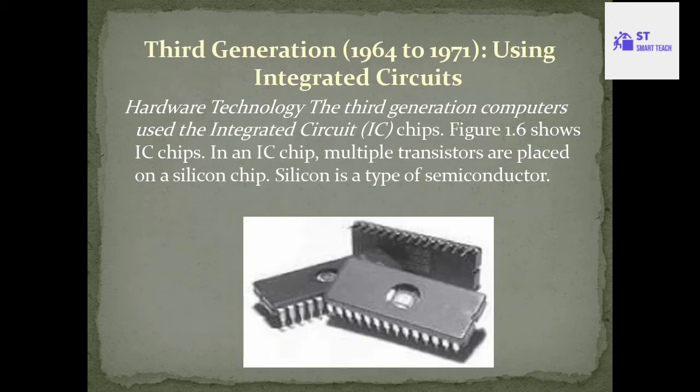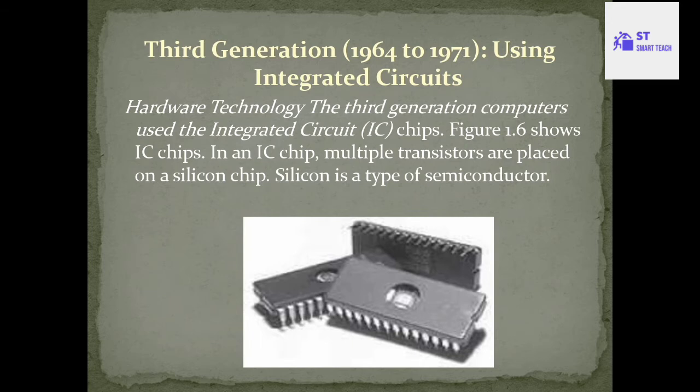Next, third generation computers. The third generation computers were developed in the years 1964 to 1971. In this generation, the hardware technology is integrated circuits, called IC chips. Okay, integrated circuit chips.